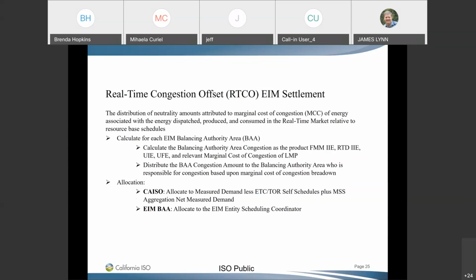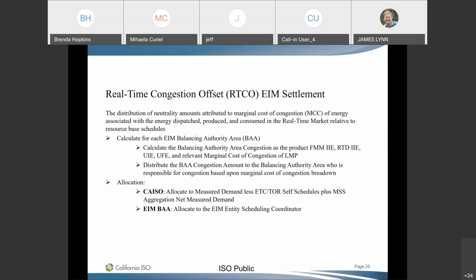So I could have $10,000 of neutrality imbalance in BANC, but only collect 2,000 from BANC itself. The other 8,000 is from the other balancing authority areas. That's because when we're doing the allocation based upon the breakdown, we're looking to see who is responsible for the congestion.